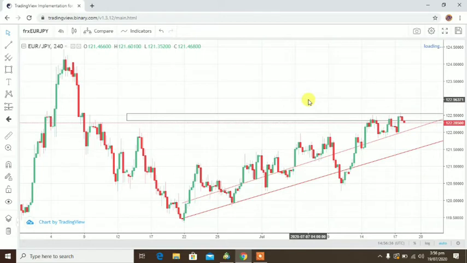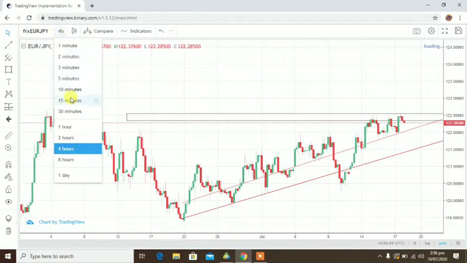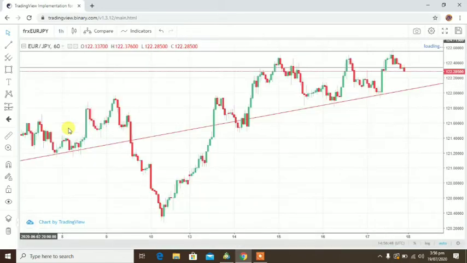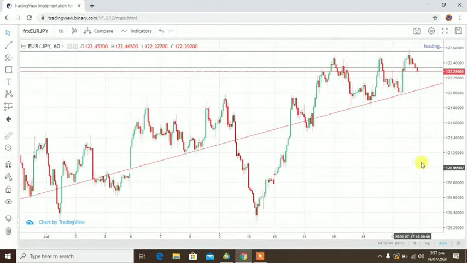But before that, we also have to go to our 1-hour time frame to have a clearer picture of EurJpy. Okay guys, here on our 1-hour time frame, we have a clearer view of EUR against the Japanese yen.